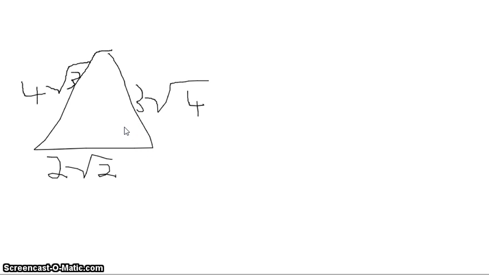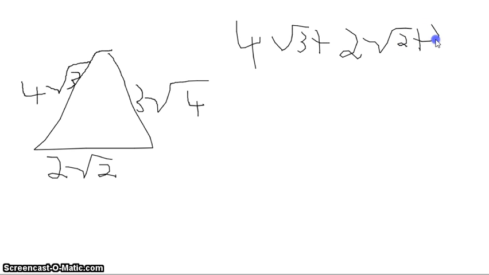Okay, so the perimeter is side 1 plus side 2 plus side 3. So we have 4 radical 3 plus 2 radical 2 plus 3 radical 4.